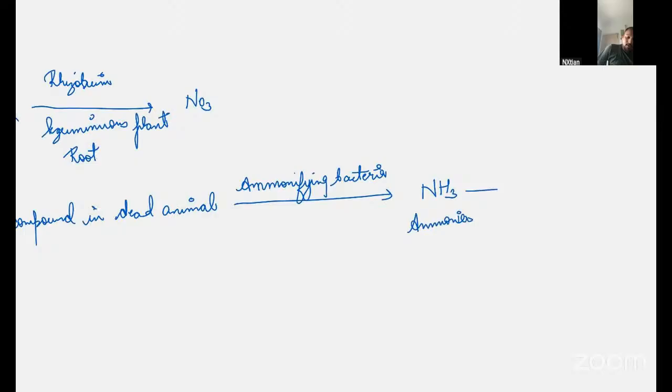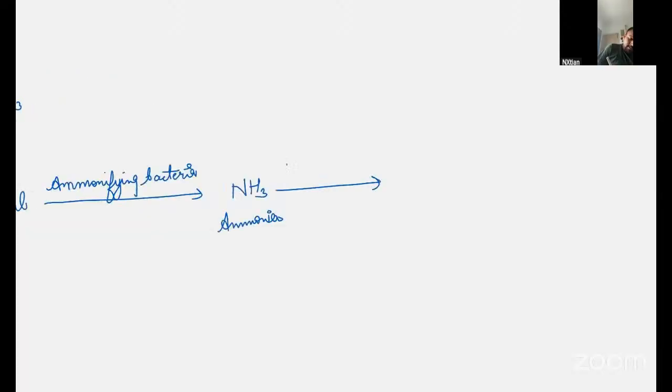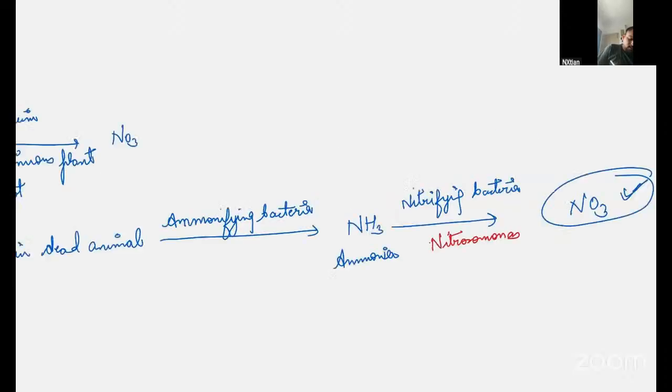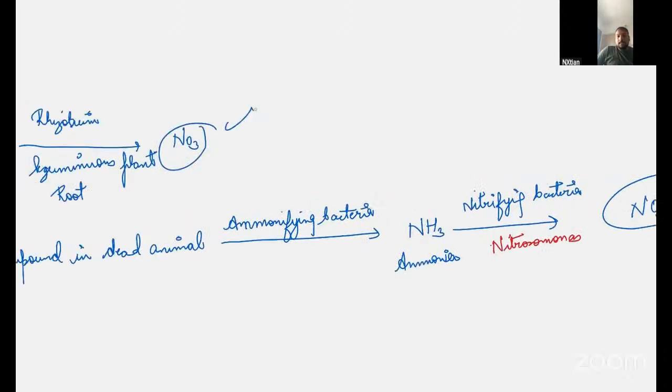And still the ammonia is not eatable. So nitrifying bacteria, like Nitrosomonas, convert them into NO3, which is consumable. So this is how it happens.